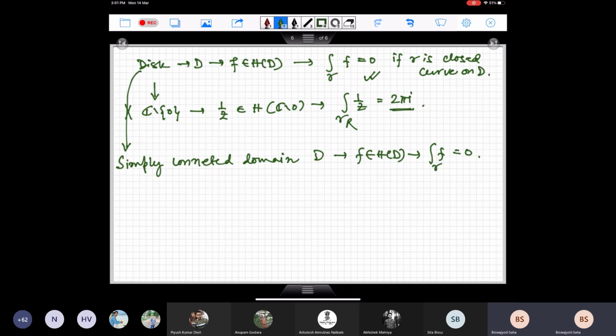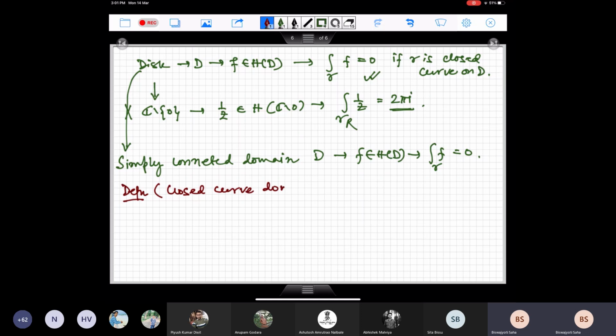It really depends on where your holomorphic function is, where you are taking the closed curve, and all that. Let's not go into simply connected domains any further, but rather I introduce a simple term so that you can remember this well. I call these domains, let's say, closed curve domains.